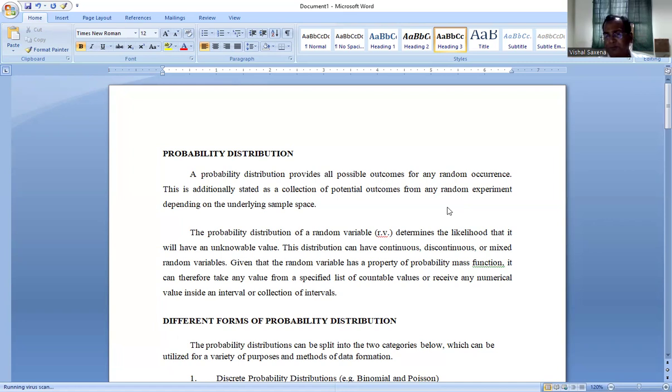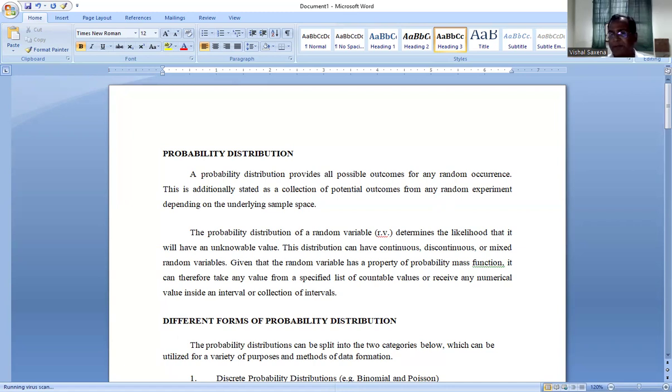The probability distribution of a random variable determines the likelihood of its values. This distribution can be defined for continuous random variables, for discrete random variables, and for mixed random variables.